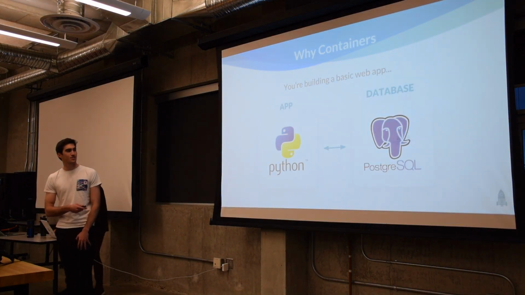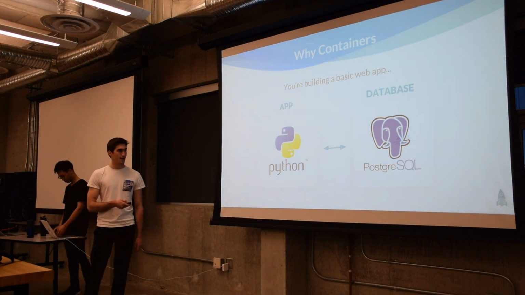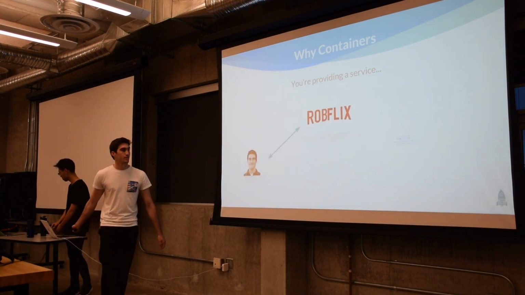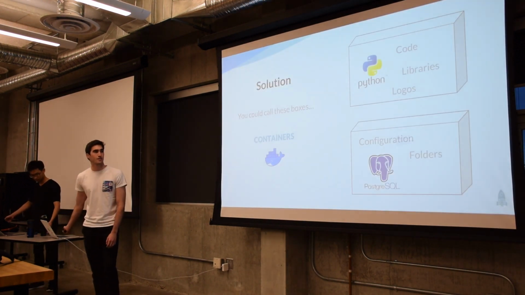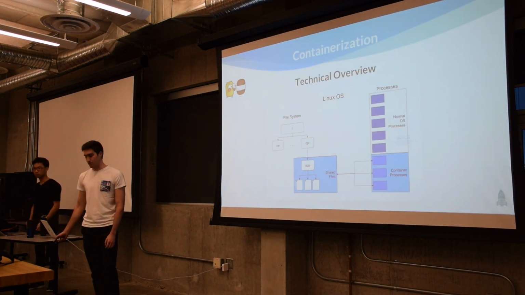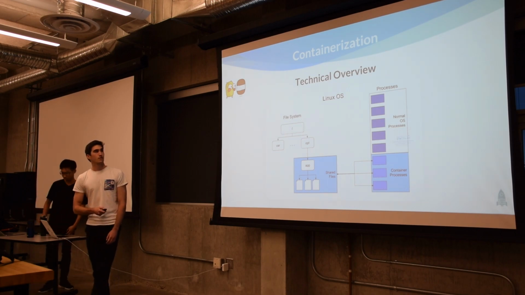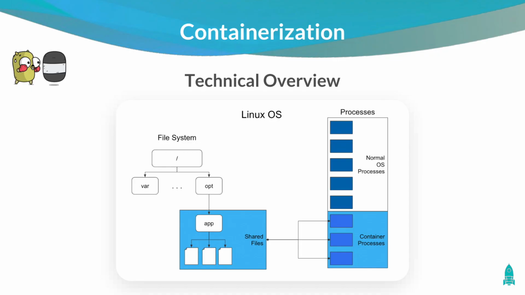But that's another nice thing about containers: it isolates the stuff running inside the container from the host system. So here's an example. We have a regular Linux operating system that contains a file system and some running processes and a network, and we have our container processes running here.